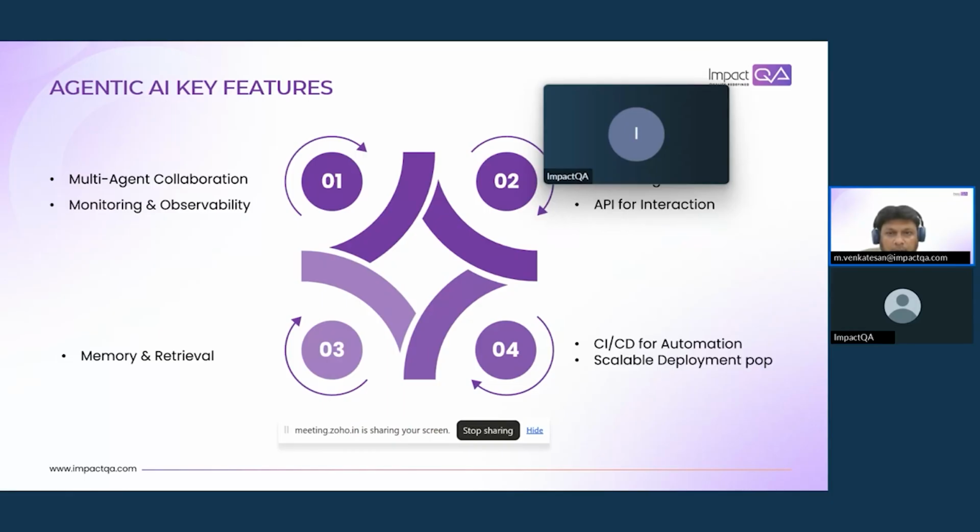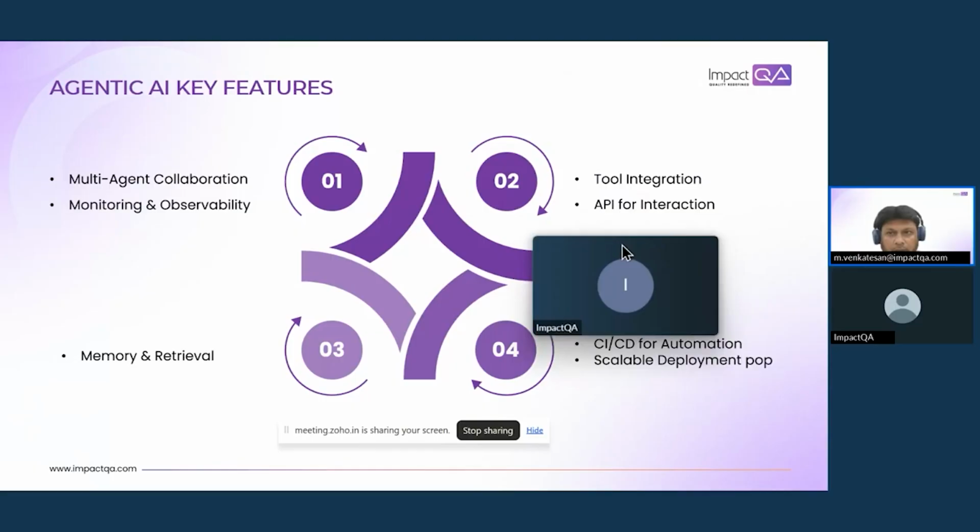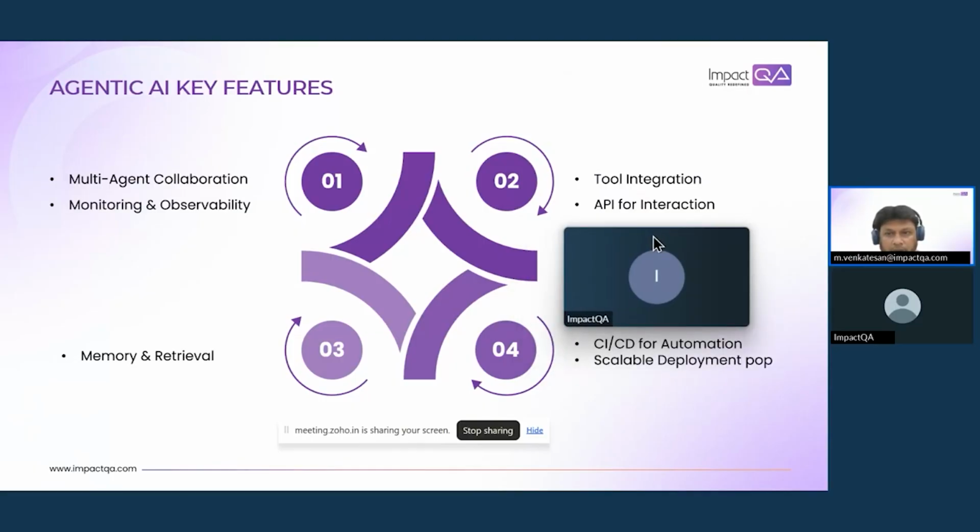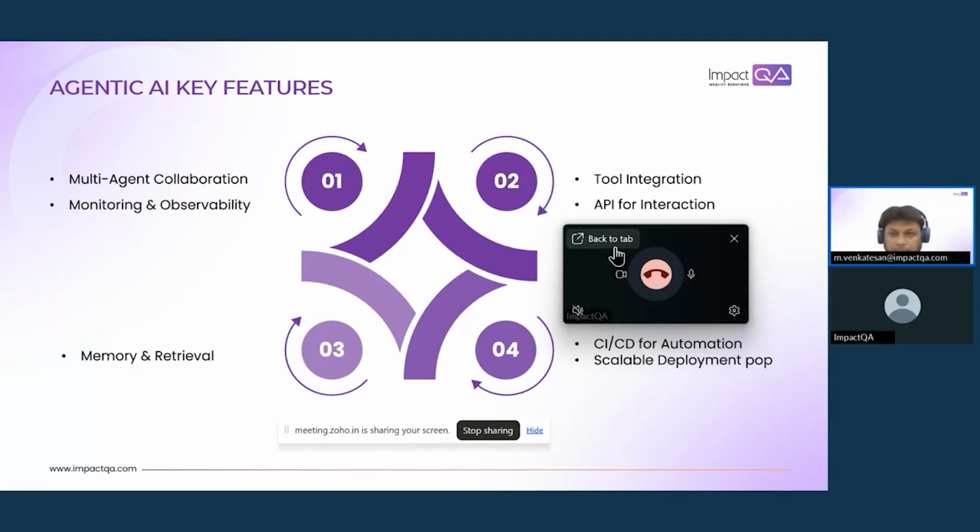Okay. So these are the main agentic AI key features which I would mention. It does multi-agent collaboration, we can do monitoring and observe it, and we can do multiple tool integration. When I say multiple tool integrations, you have your own agentic AI and you want to integrate with another agentic AI.